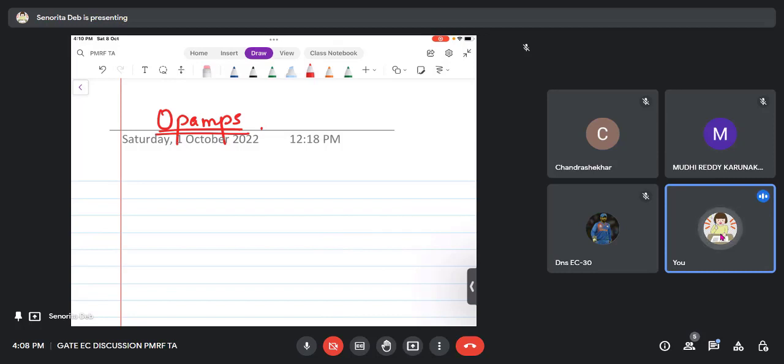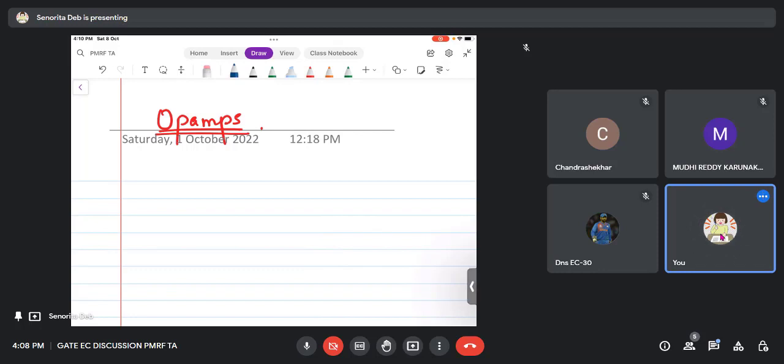I don't have the GATE questions with me as of now because I thought I'll first do the theory, and I thought I won't have time for GATE questions. So I'll do general questions first, and then let me see if I can find some GATE questions quickly, and we'll proceed that way. Okay.